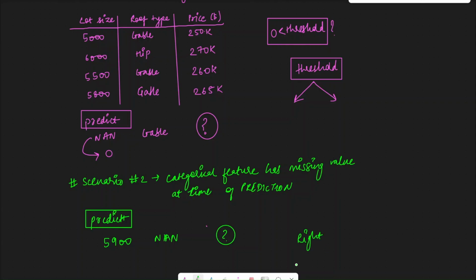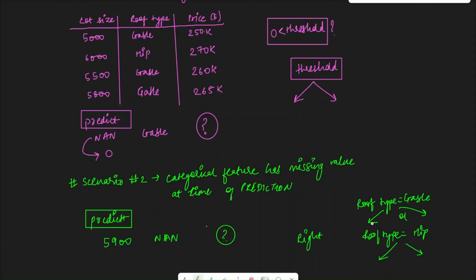Why on the right side? If you think about it, when we would be building this model, then for roof type we would have a node such that roof type is equal to Gable, or roof type is equal to Hip. We know that if roof type is Gable, then go to left, otherwise go to right. If roof type is Hip, then go to left, otherwise go to right.